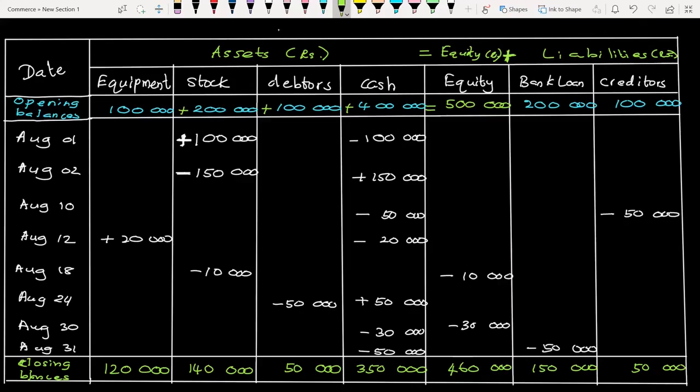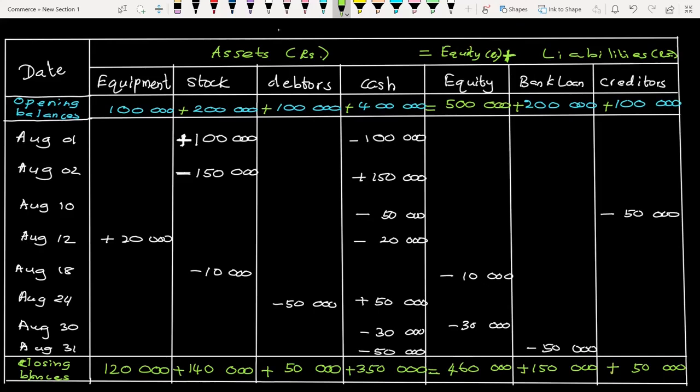So 500,000 plus 200,000 plus 100,000. So the same thing we are going to do for the closing balance. All the assets we are going to add. So let's put plus signs. And here is our equal sign over here. The assets are on the left side and equity plus liabilities are on the right side. So equity closing balance plus bank loan closing balance plus creditors closing balance.